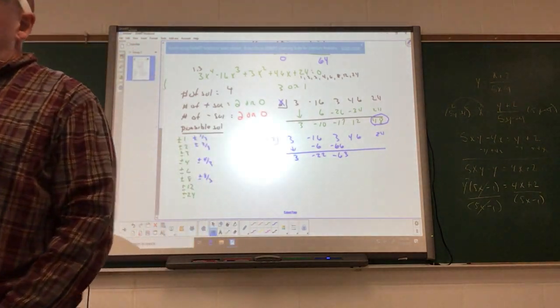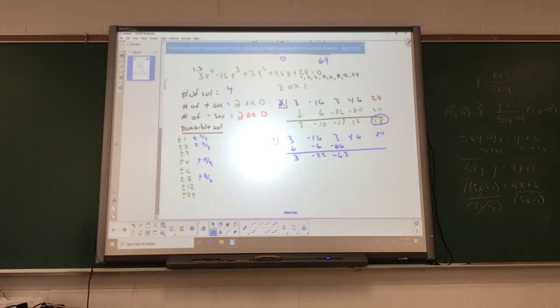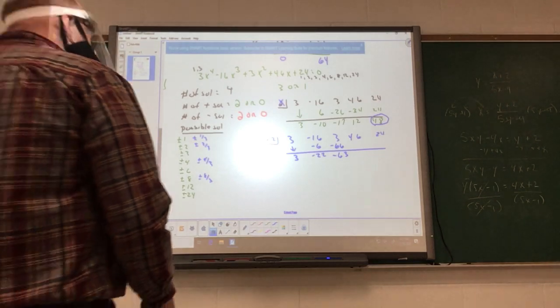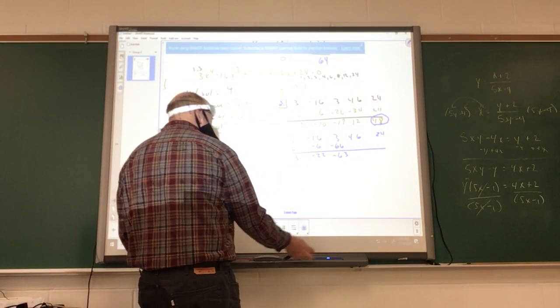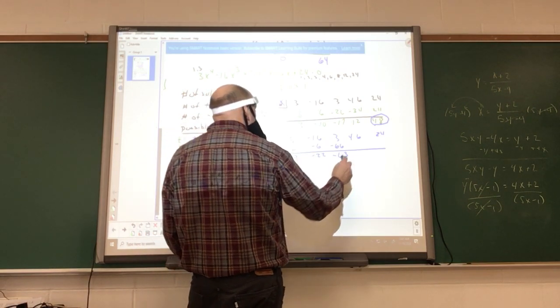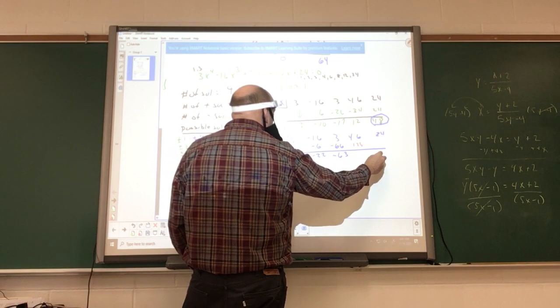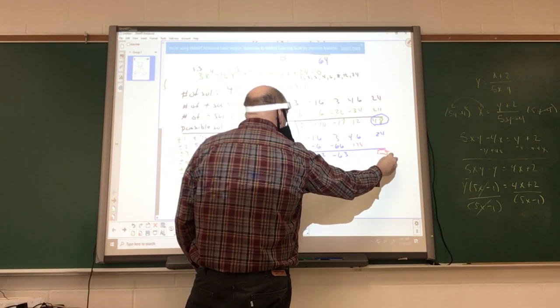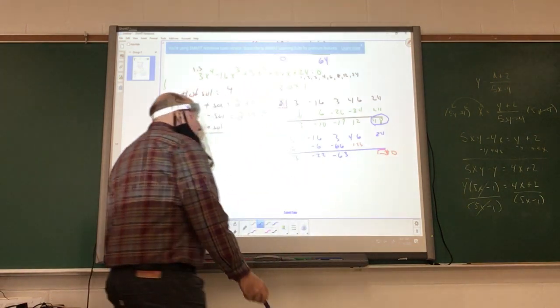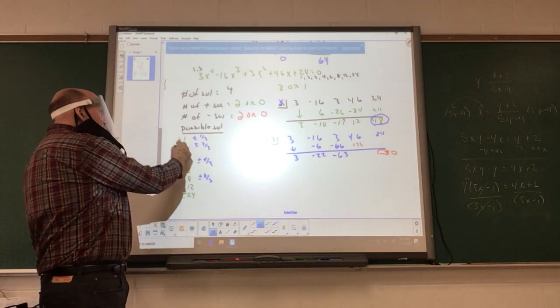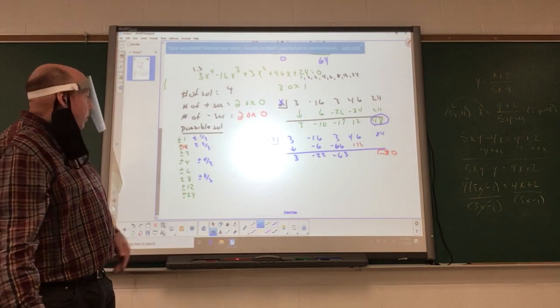Once I start seeing I'm running really big with this, I'm not going to worry about it, because this next one's going to be 128 or 126, and it's not going to give me 0 here. That's what I want. This is not going to equal the value 0. So 2 and negative 2, they don't work. They're gone.